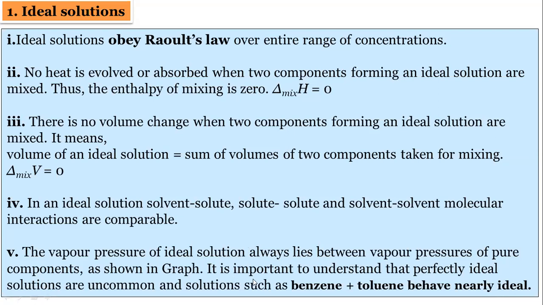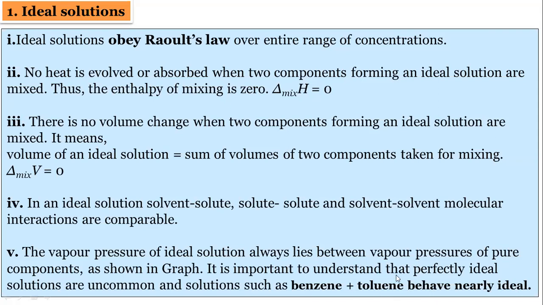It is important to understand that perfectly ideal solutions are uncommon. Perfectly ideal means the solution obeys all these conditions, and that is uncommon. A solution such as benzene plus toluene behaves nearly ideal, but it is also not perfectly ideal.